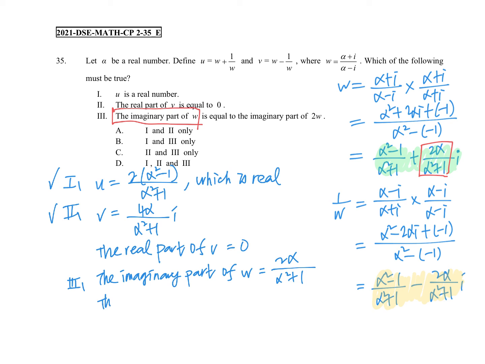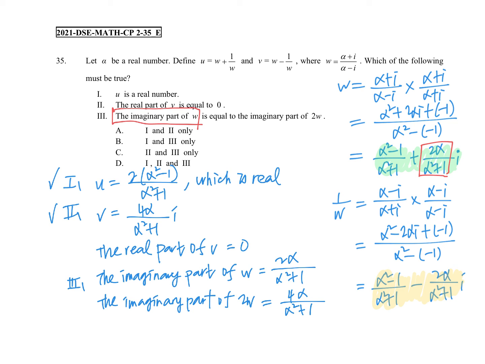And then the imaginary part of 2W will be 4 alpha over alpha squared plus 1.